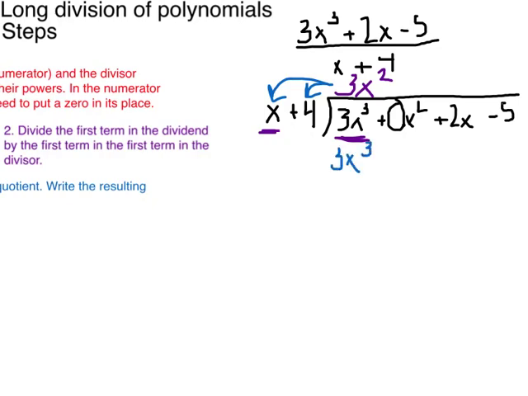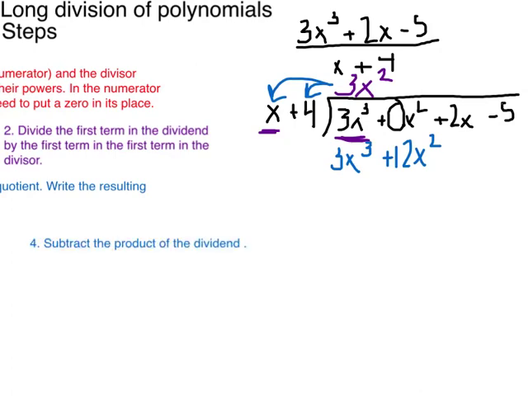So that'd be 3x cubed. And then 3x squared times 4 is 12x squared. So I need to write that under the x squared in the dividend. You can see why it is important to have that placeholder of that power, because you may end up with that power as well. And you need to make sure you line them up.